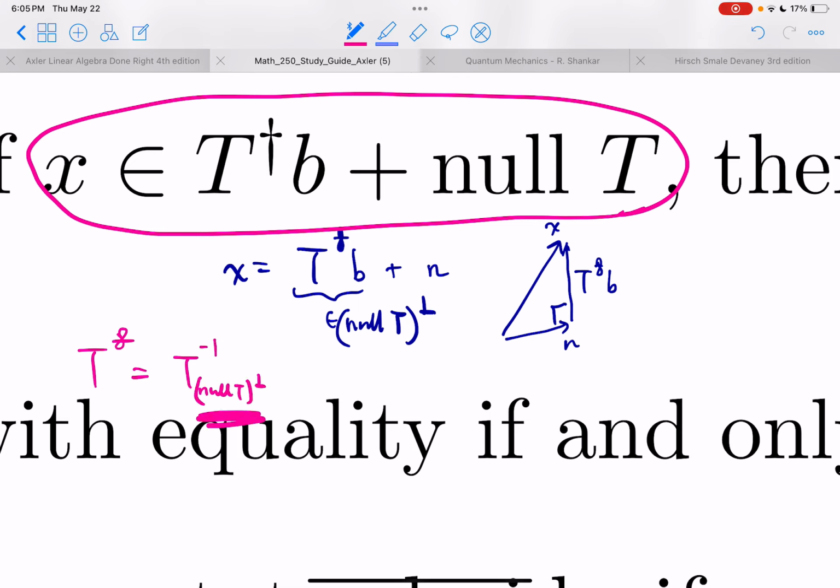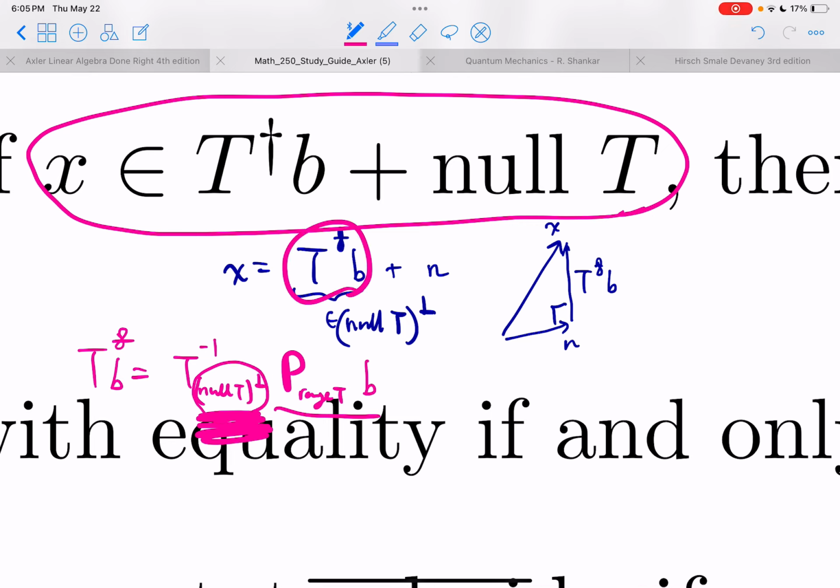In other words, it spits out things in the null of T perp after projection onto the range. So if it eats b, it projects it onto the range, and then it inverts it and throws it back into the null of T perp.